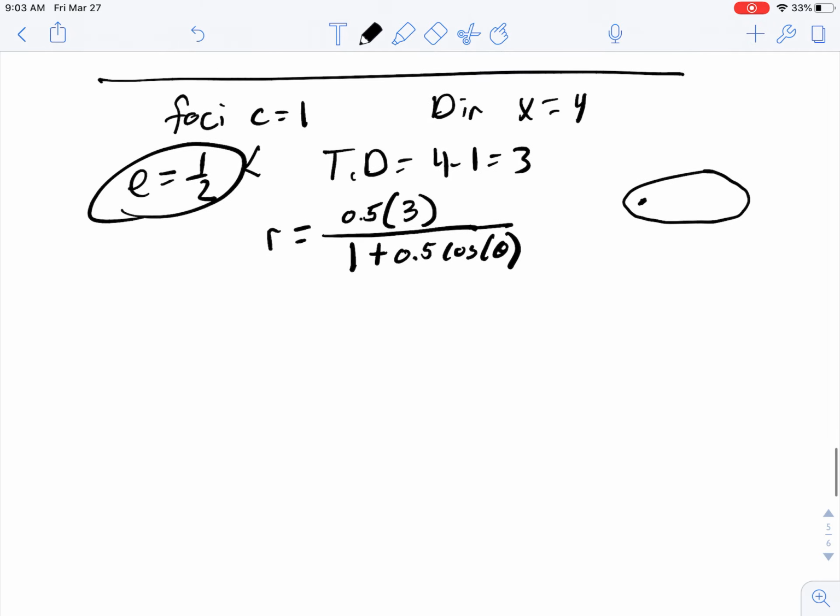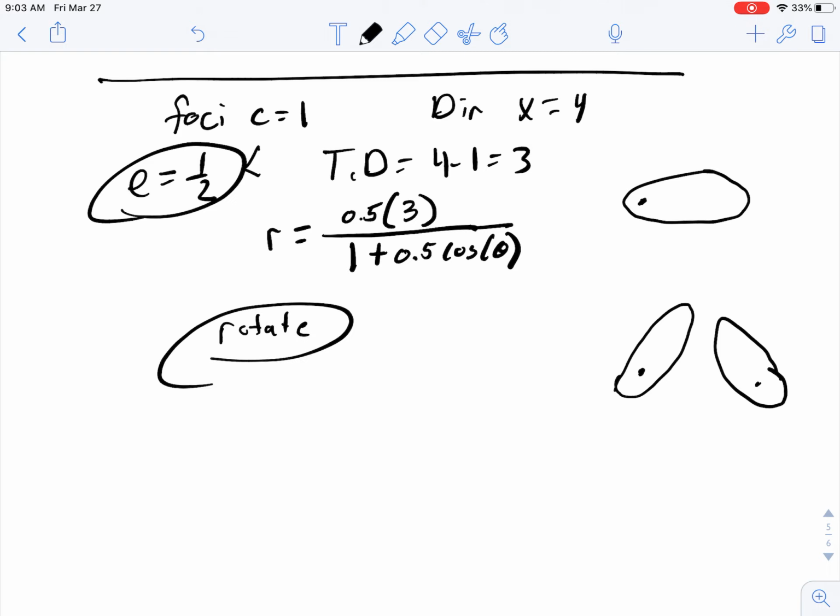Now what I want you to do is turn it and graph it at an angle. So how would I rotate an object from a single location? Because not everything is going to go perfectly horizontally or vertically.